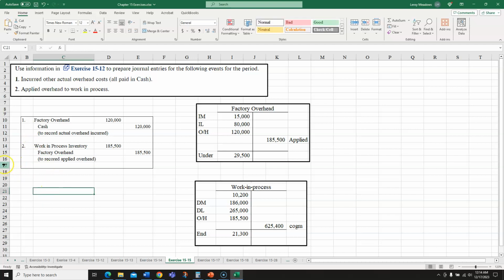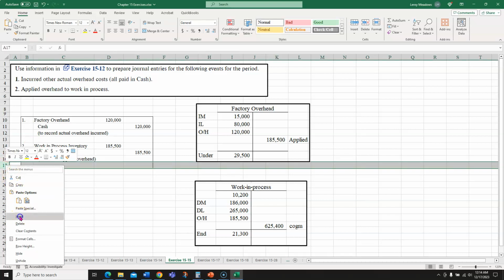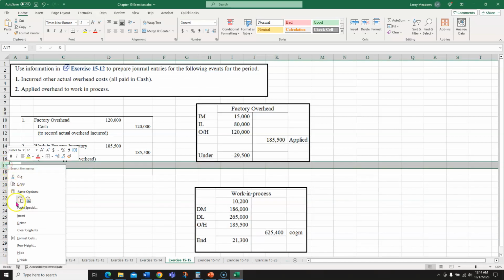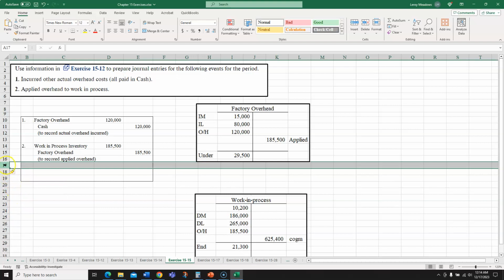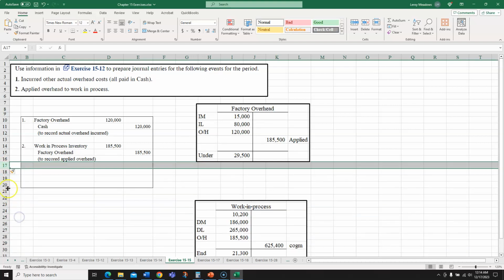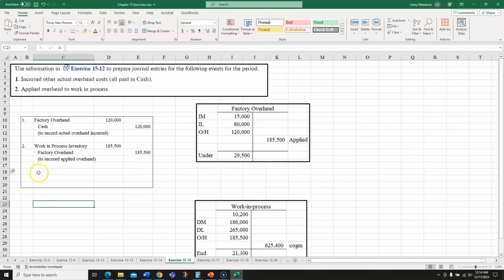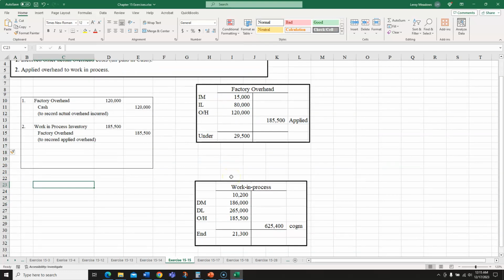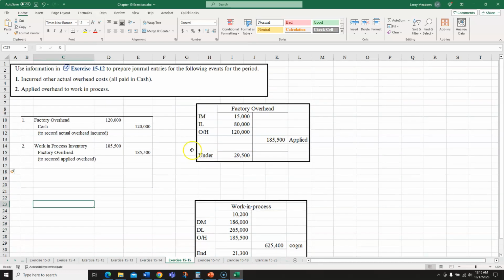Now, there is one thing I'd like to do as an extension. This is not in the problem here, but let me go ahead and add this. Remember that we were underapplied by $29,500. So what if I wanted to record that underapplied overhead?